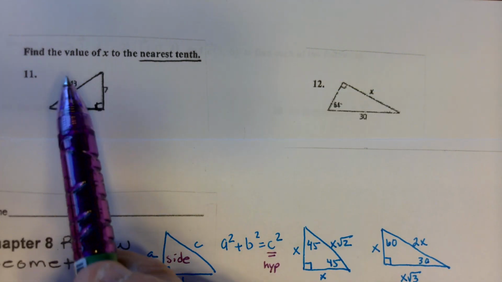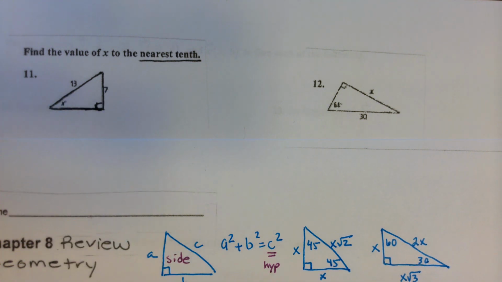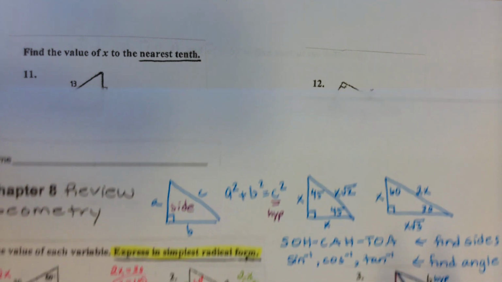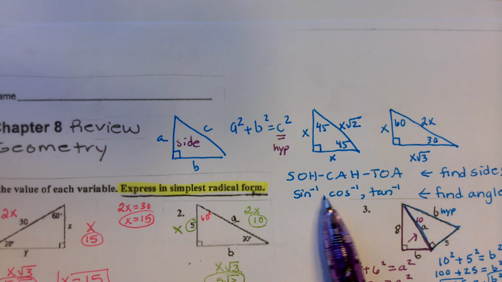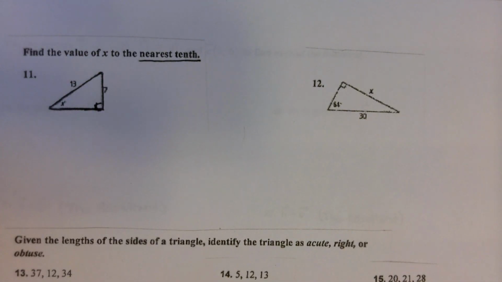So when we do this, I don't need the other side. I need an angle. These help you to find sides down here. So the ones that help you find angles were the inverses. That's right.